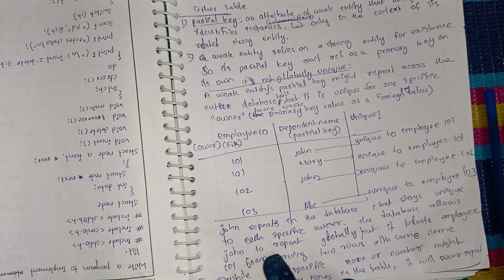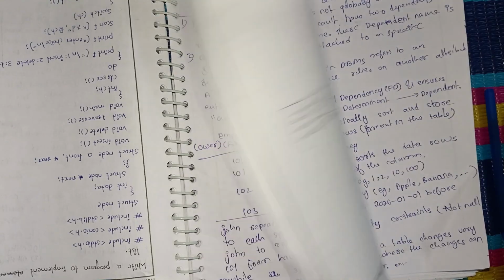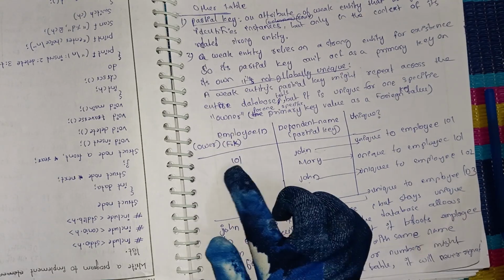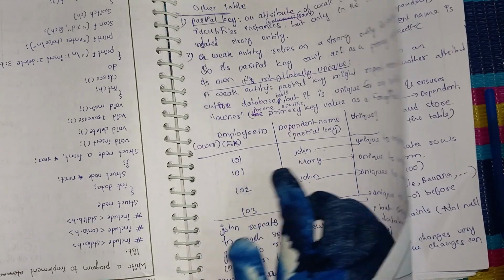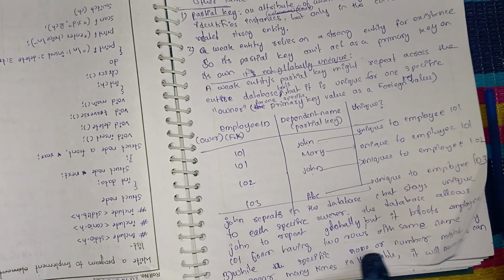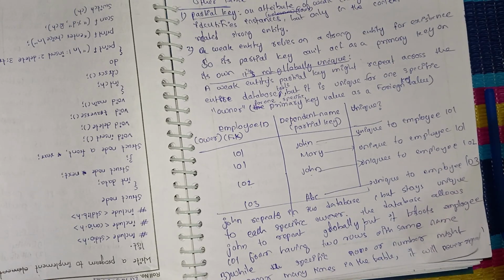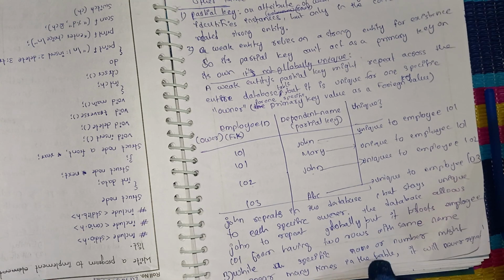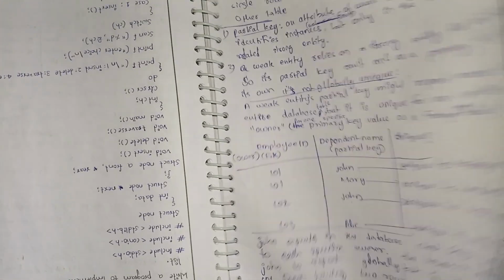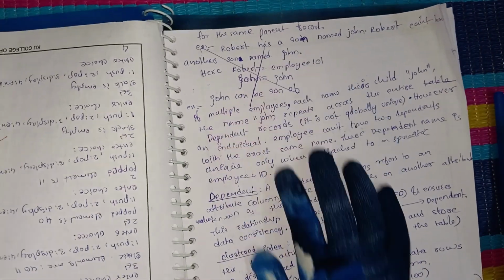The database allows John to repeat globally, but it blocks employee 101 from having two rows with the same name. With the same name means 101 John, we can't write it twice. And while a specific name or number might appear many times in the table, it will never repeat for the same parent record.